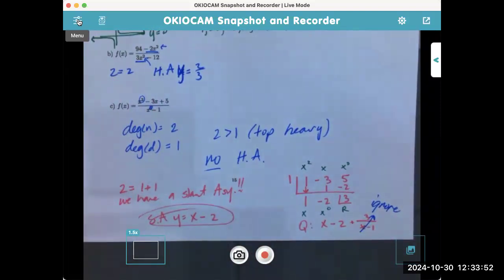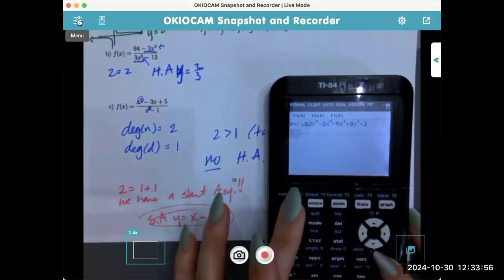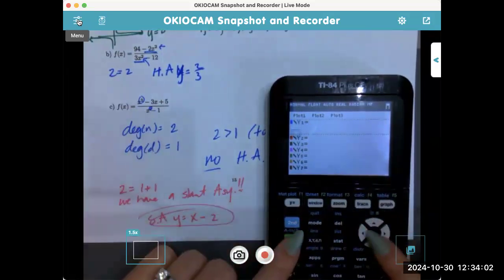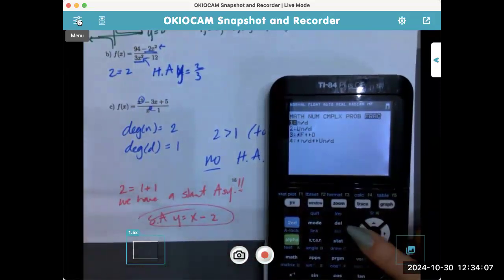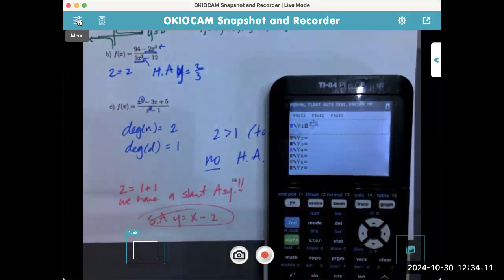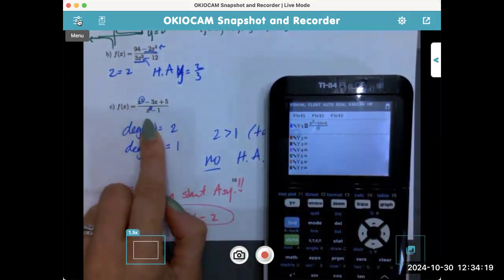So if I graph it, y equals, let's see, I'll do the fancy fraction thing. Just old school, over to fraction, enter x squared minus 3x plus 5 over x minus 1.